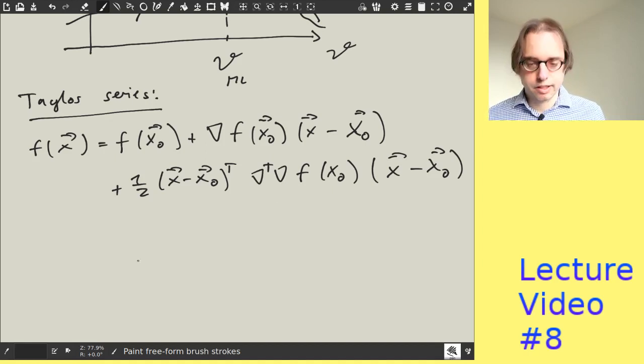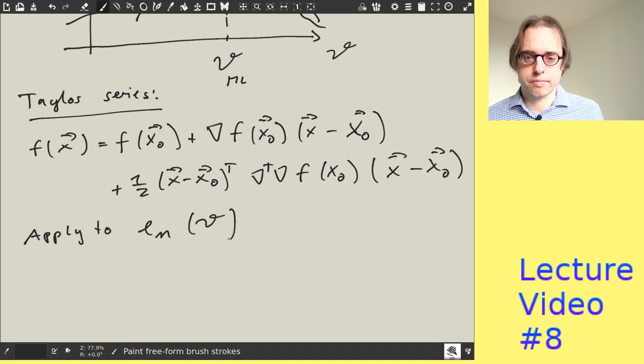So for the log likelihood, now we apply this to the log likelihood function, which is a function of theta. Theta is a vector typically.